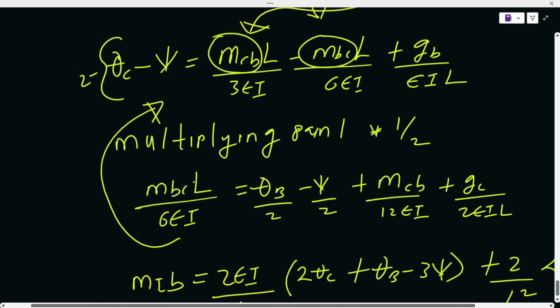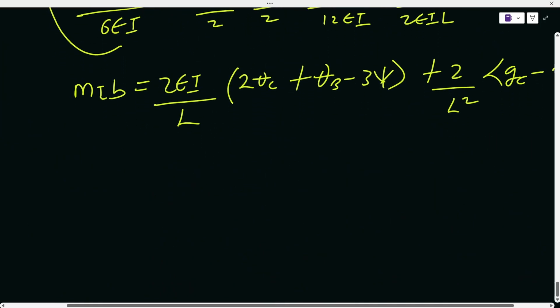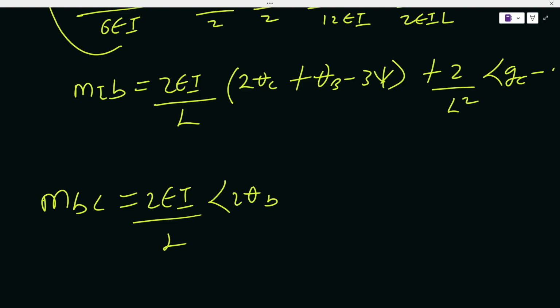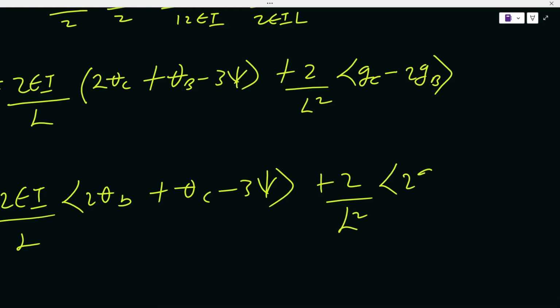So I can now make MBC the subject of the formula, and I will have MBC equals 2EI over L, 2 theta B plus theta C minus 3 times chord rotation, plus 2 over L square, 2GC minus GB.